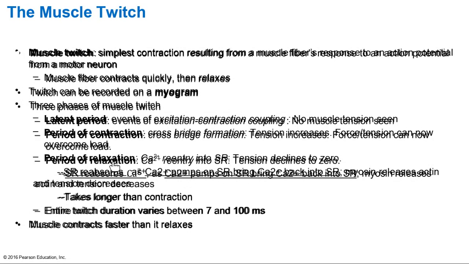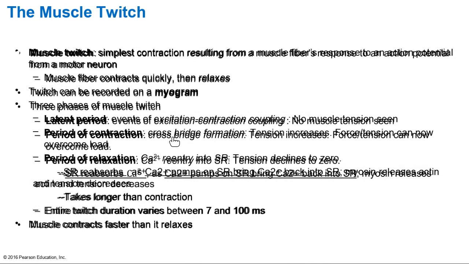There are a few reasons. The reason this relaxation period is longer is that it takes longer for a few things to happen. It takes longer to get all this calcium out of the sarcoplasm. That takes a little bit longer to do. Also, what else do we have to cause relaxation? Well, we have to have cross-bridge detachment.